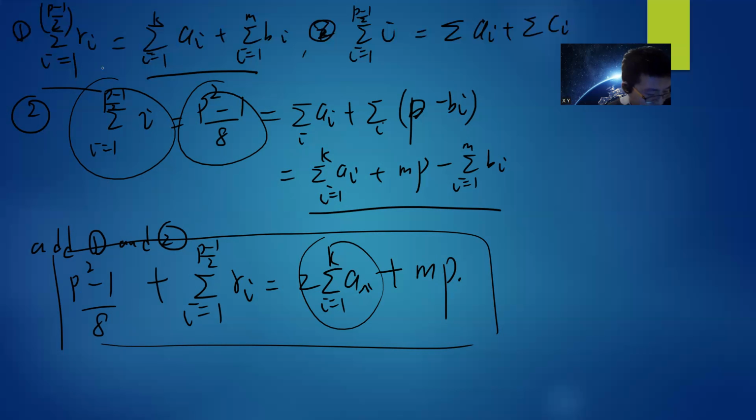So a plus b equals this, and this guy equals AI plus this, so it's MP plus this. If I add it, then I get AI plus this equals this, equals this. This means something, right?